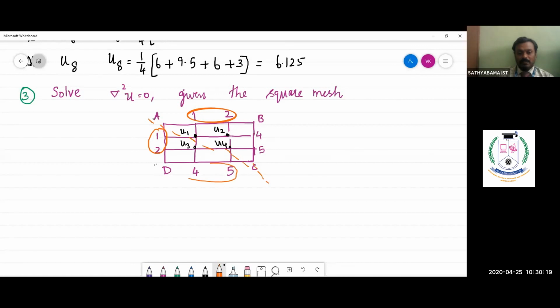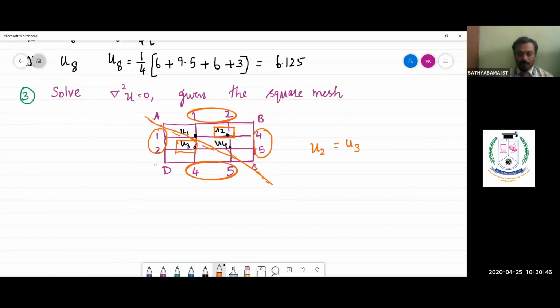And this set of boundary values will coincide with this boundary value. So we can say the mesh values are symmetric about this line. So that says your U3 should coincide with U2. So we can claim U2 is equal to U3.